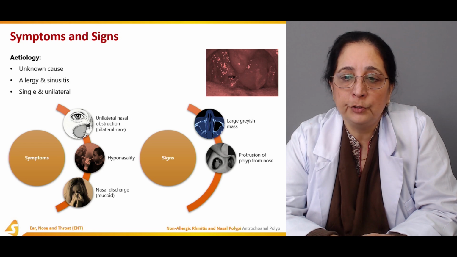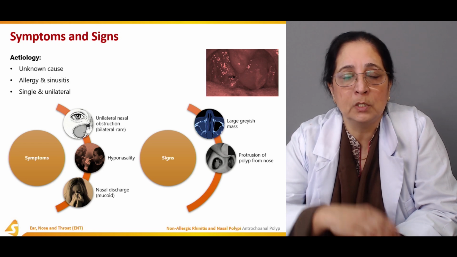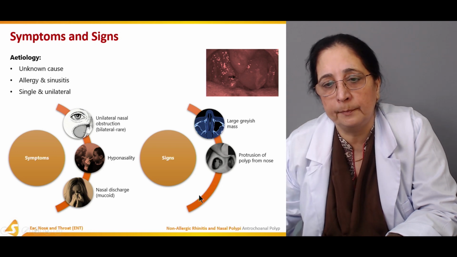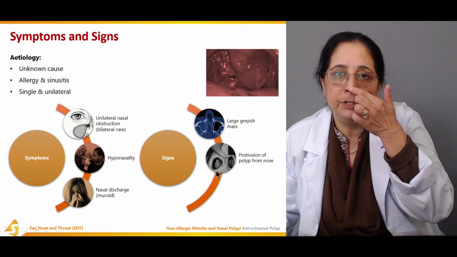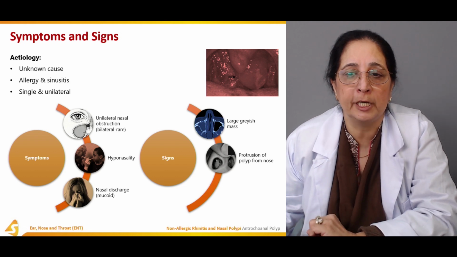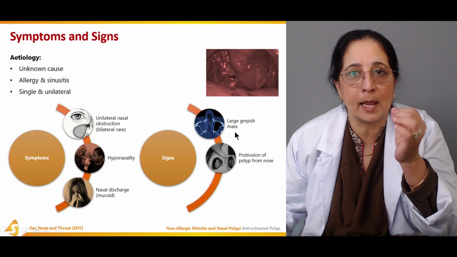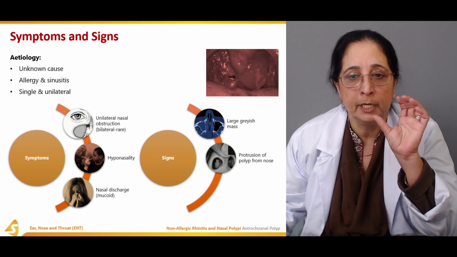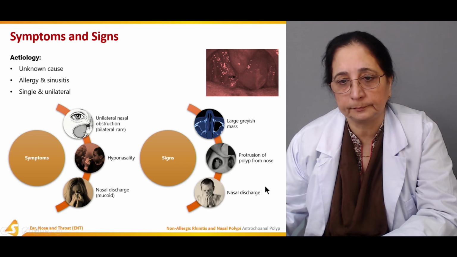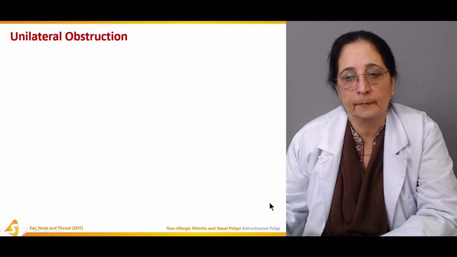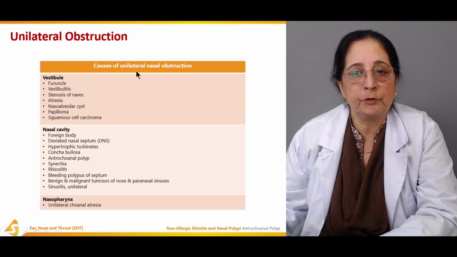There is protrusion of the polyp from the nose. You can easily see the polyp through the nostril when you elevate the nasal bridge, because it is a large grayish mass. It's not pink or reddish, it's a grayish mass. There is nasal discharge and unilateral obstruction.